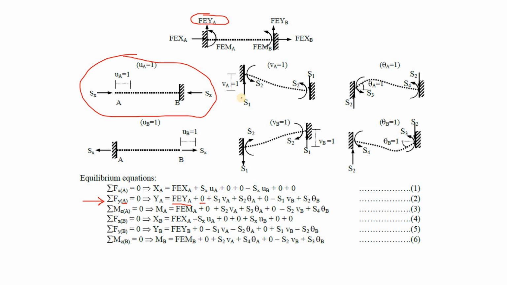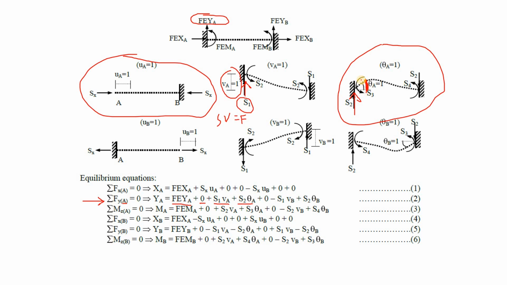And here at A joint we have S1, multiplied by VA, we get the force, since S into V is equal to F. So SA into VA, since it is an upward force, it is positive. Right after that we have S2 theta A, which is coming from this figure. At A joint we have the vertical force S2, which is now multiplied with this theta displacement.